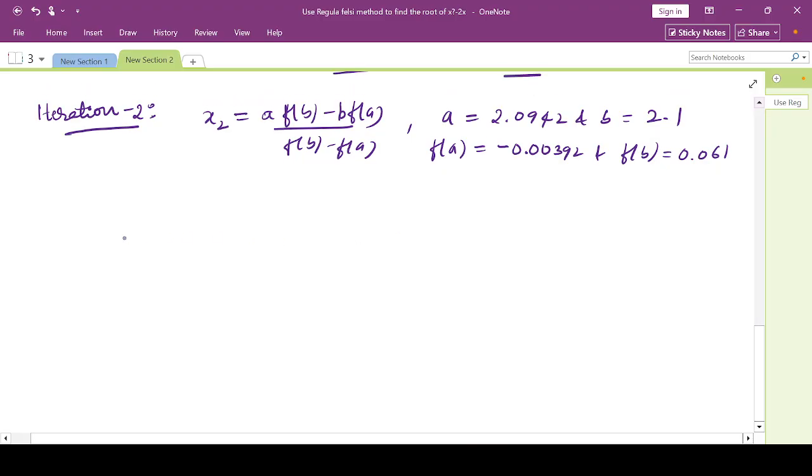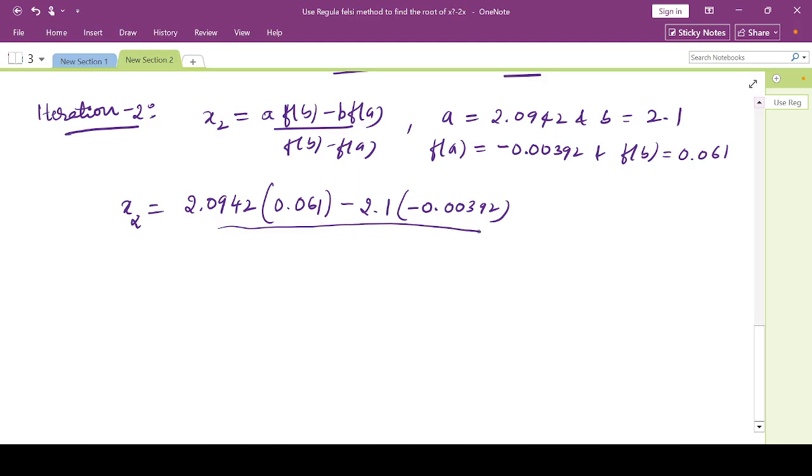Just substitute x2 is equal to, a value is 2.0942 into f of b is 0.061 minus b value is 2.1 into f of a, minus 0.00392, divided by 0.061 minus of minus 0.00392.